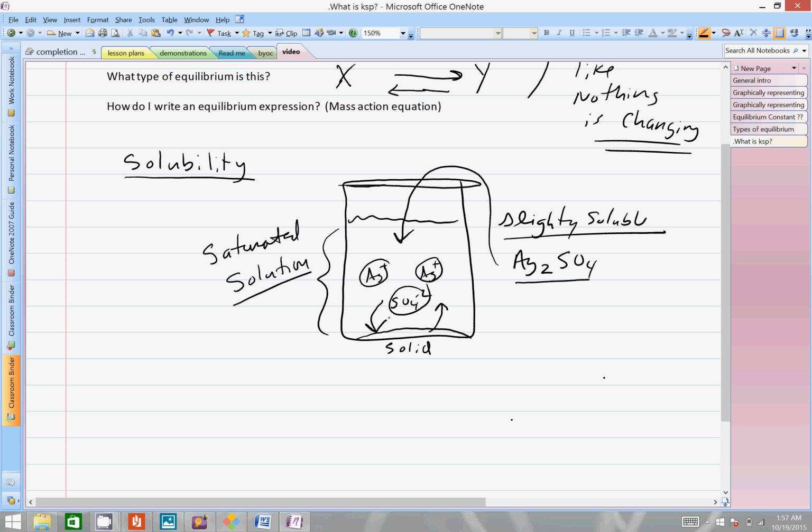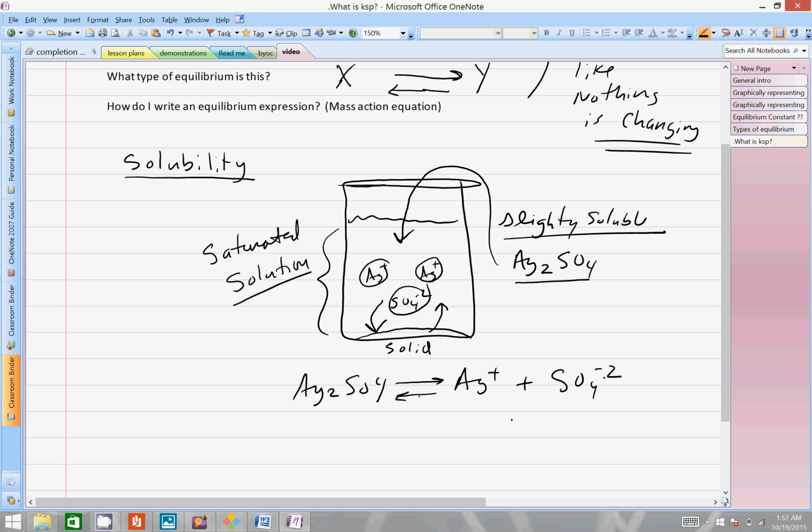So we have the equation as follows. Ag2SO4 yields Ag plus, SO4 minus 2. Of course, we have the reverse reaction. Sometimes you'll see it with the arrow going back and forth.